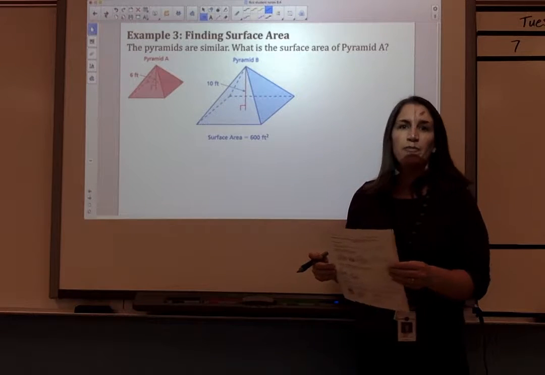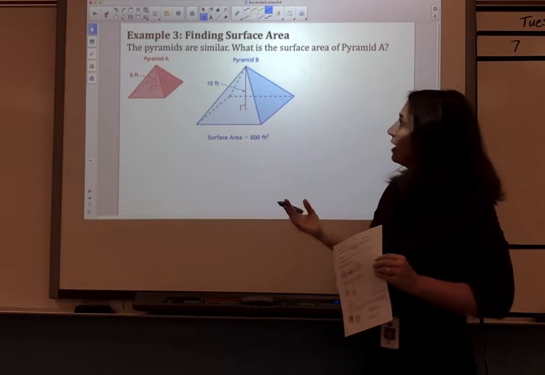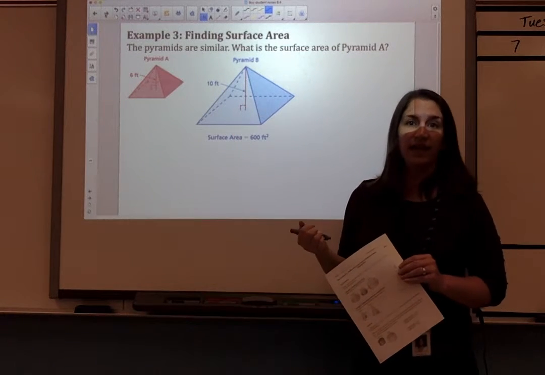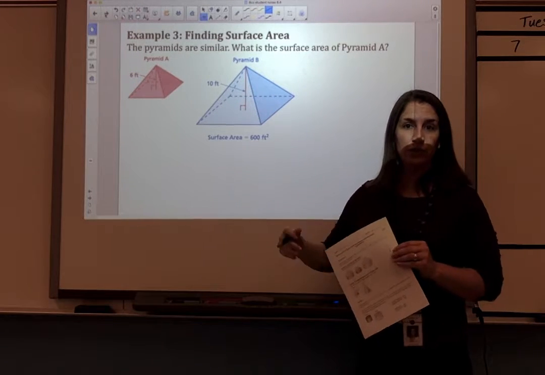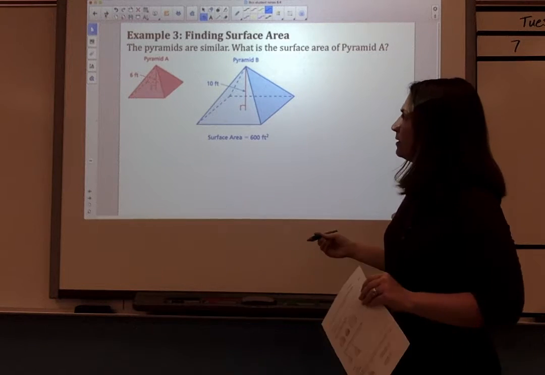Here we have finding the surface area. So we're told that these pyramids are similar, and we're given the heights. One has a height of 6 and one has a height of 10. And we're given the surface area of just the larger of the two pyramids. So we need to solve for the surface area of the smaller pyramid.